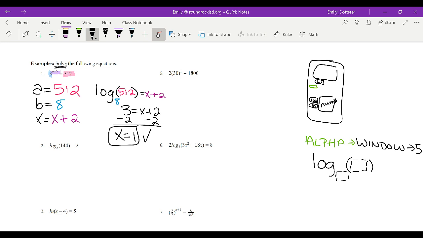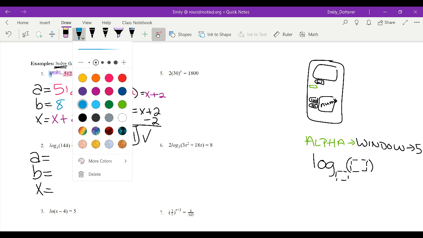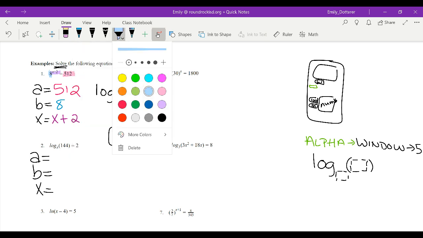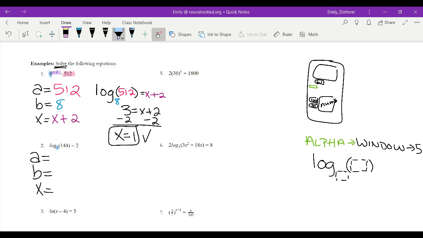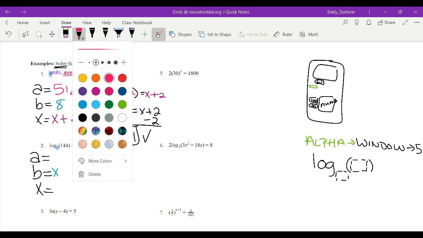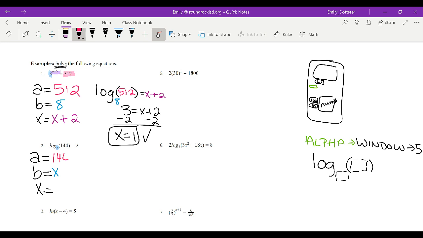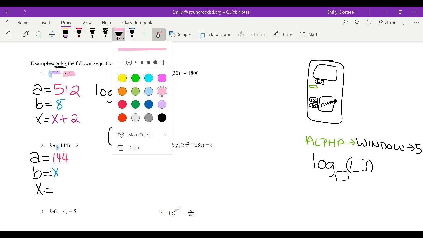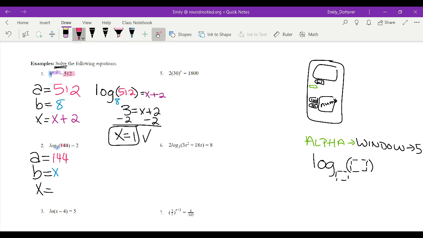Over here on number 2, this is going to convert to, so we have base b, which in this case is x. A is 144 because it's inside the parentheses.